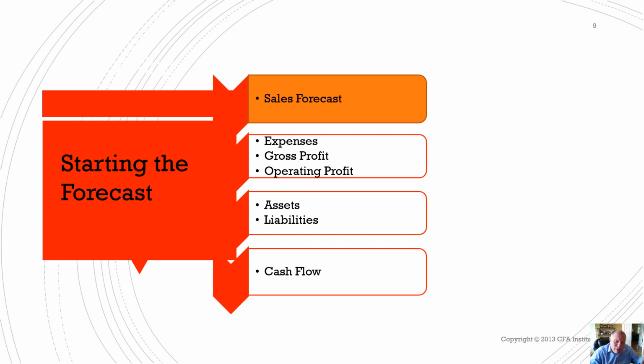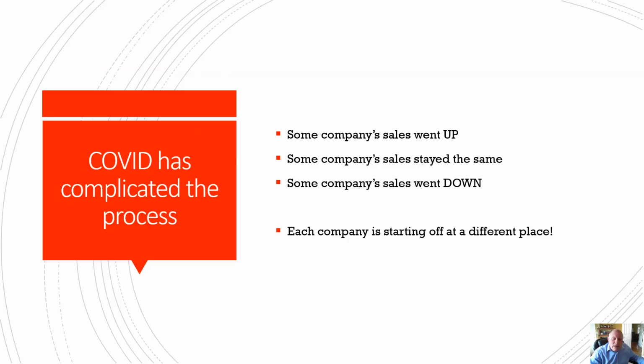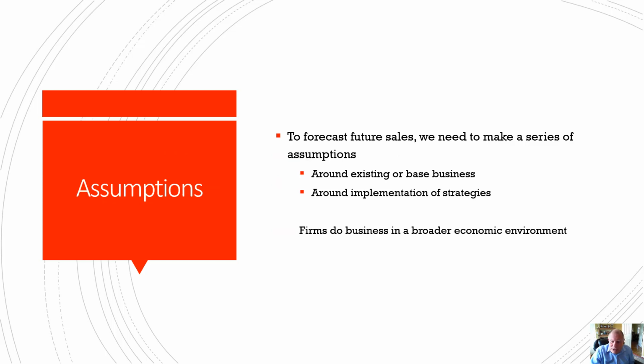So let's just keep going with sales. We'll come back to this. COVID has complicated this process because some company sales went up, some company sales stayed the same, and some company sales went way down. So each company is starting off at a different place.